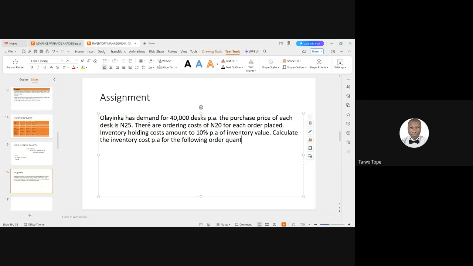A can have 500 units, B can have 750 units, C can have 1,000 units, and D can have 1,250 units.